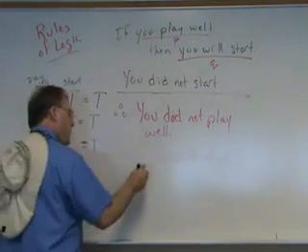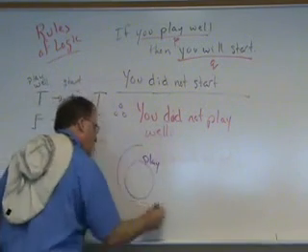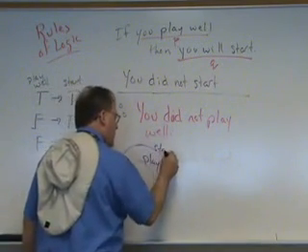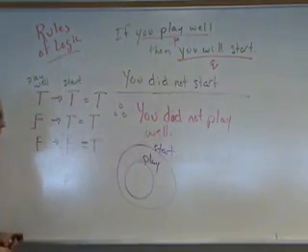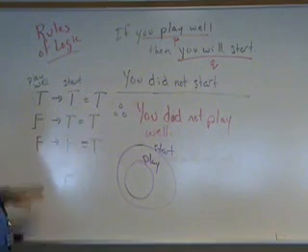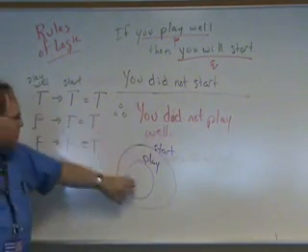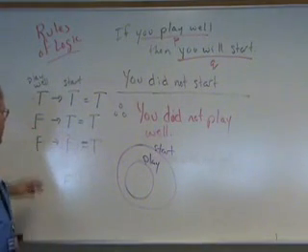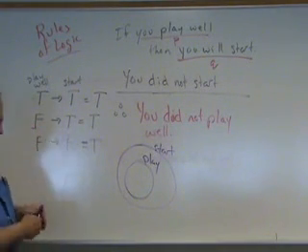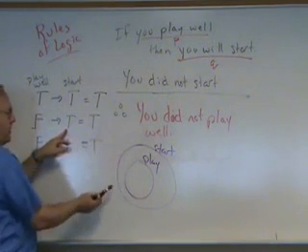We can look at this from a graphic perspective. Okay, we can say, if you play well, then you will start. You can see that this actually works out as being worth this, because if you play well and start, both of these are true, okay? Suppose you don't play well. Well, if you don't play well, you still have a possibility of starting.